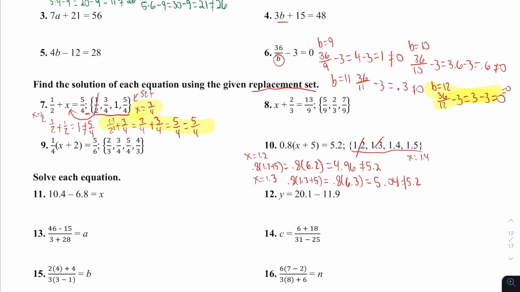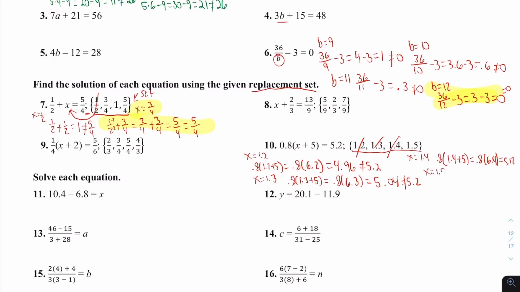So let's check 1.4. 0.8 times 1.4 plus 5 equals 0.8 times 6.4 equals 5.12. So that's not it, because we're looking for 5.2.